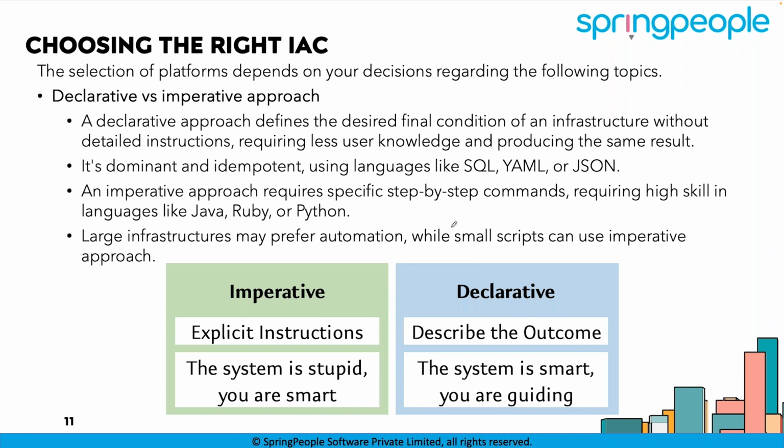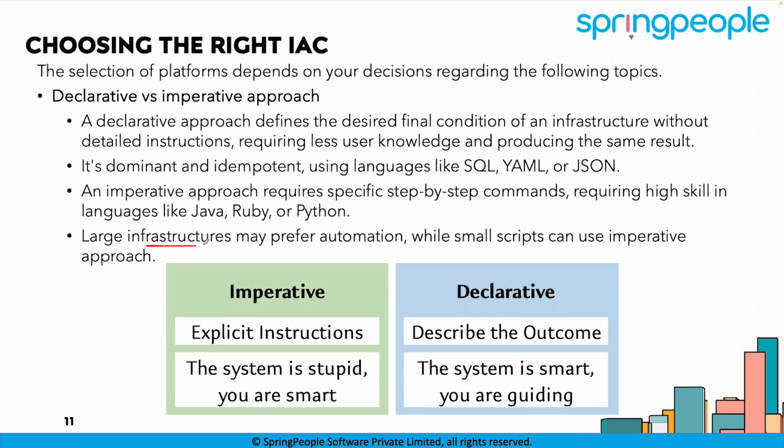Whereas imperative makes you do all these things step by step with the help of commands or a manual wizard, doing things one by one. It needs very good skill, an understanding of that particular tool, and you also need to be good at things like Ruby, Python, and Golang. Of course, infrastructure as code also needs some coding skills, but it doesn't need OOPS level of coding skills. At a very high level, YAML scripting should be helpful.